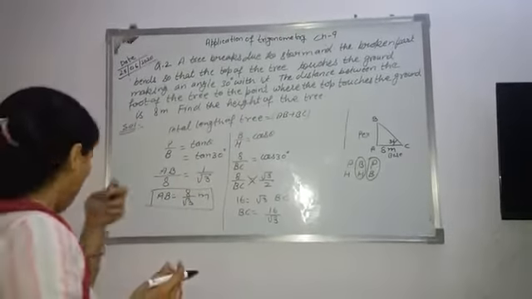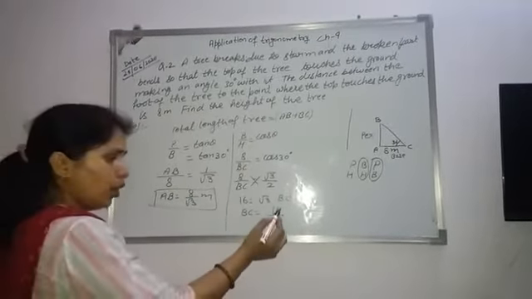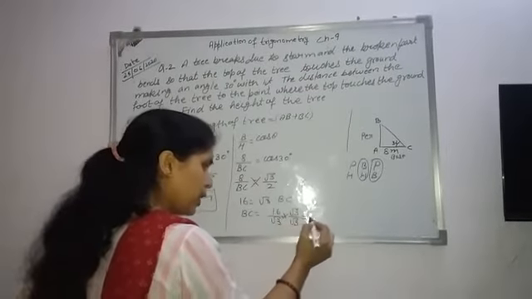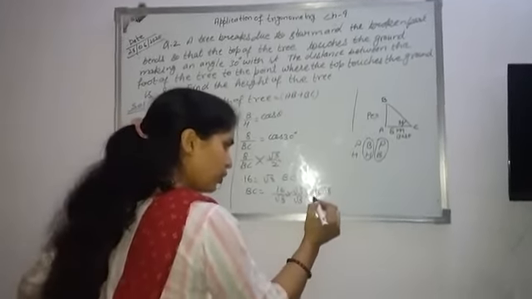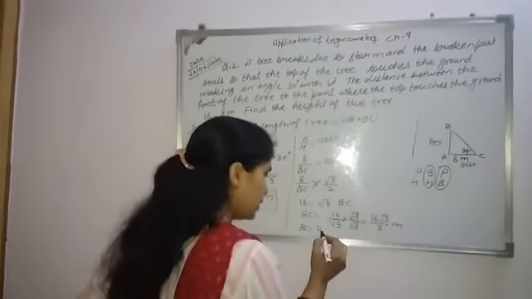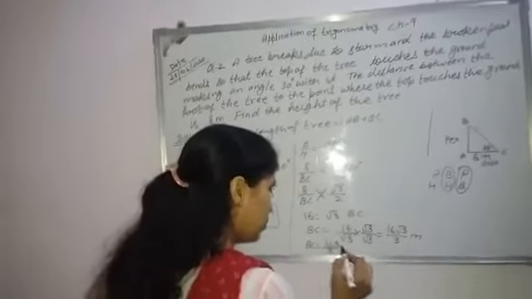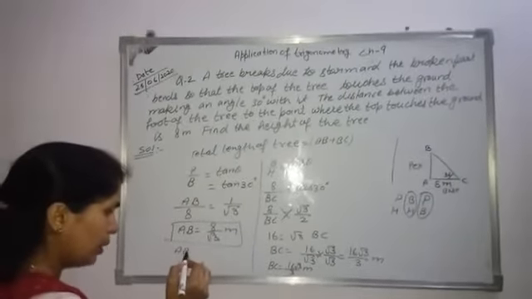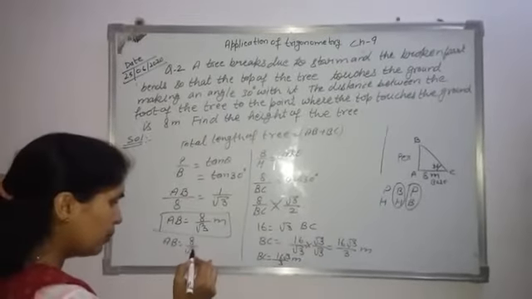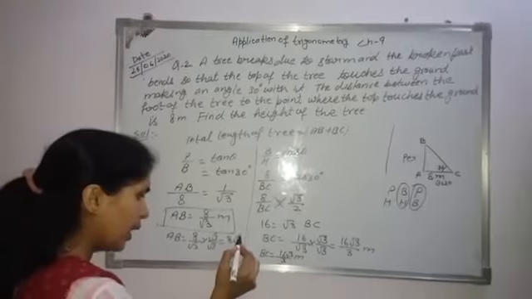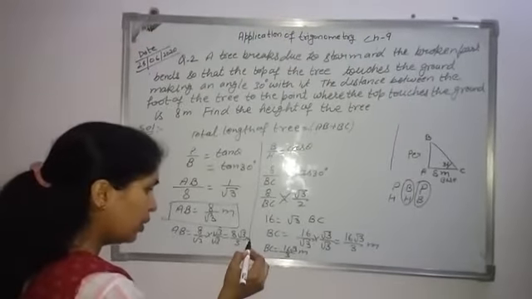Root 3 is in the denominator, so multiply and divide by root 3. 16 times root 3 divided by 3 meter. This is the length of BC. Root 3 divided by 3 meter, and also root 3 is in the denominator, so again multiply and divide by root 3. Root 3 into root 3. So this value is 8 times root 3 divided by 3 meter.